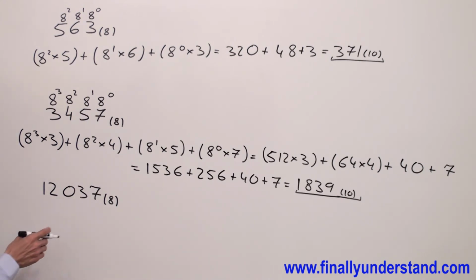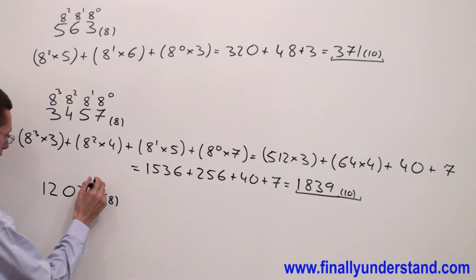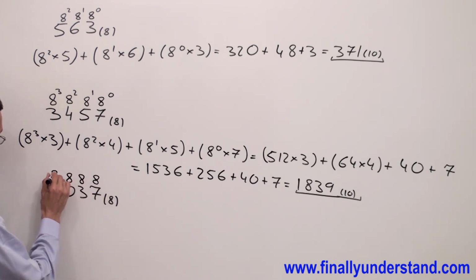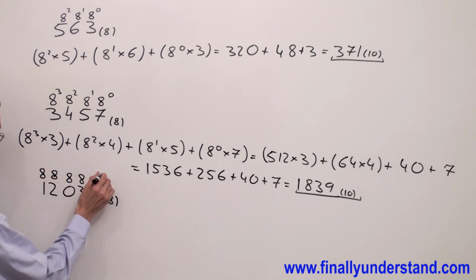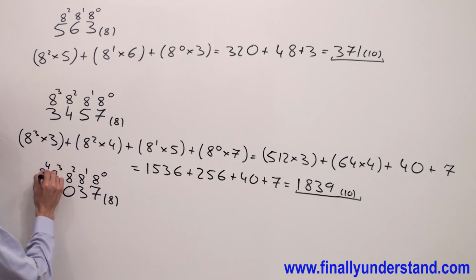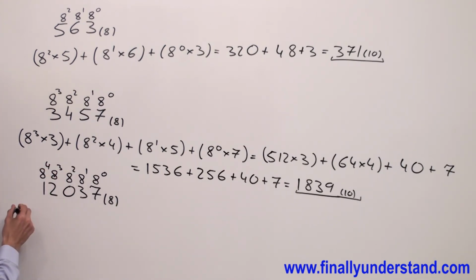Again, we're supposed to write the base over every single digit. We have 8, 8, 8, 8, 8, and exponent 0 always starts from 0. 1, 2, 3, 4. So, what we're supposed to do? Just simply multiply every single weight by the digit.